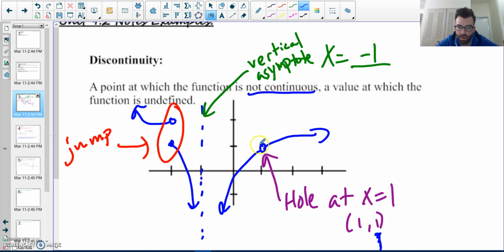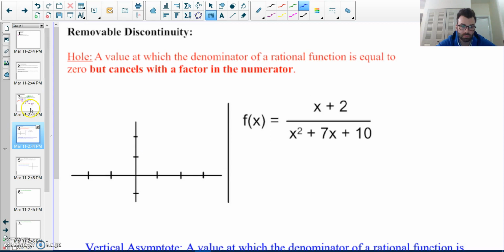However, there's a hole there, meaning we do not include this point. x cannot equal 1, therefore there's a gap, and a hole happens. It's a value at which the denominator of a rational function is equal to 0, but it cancels out with the factor in the numerator.